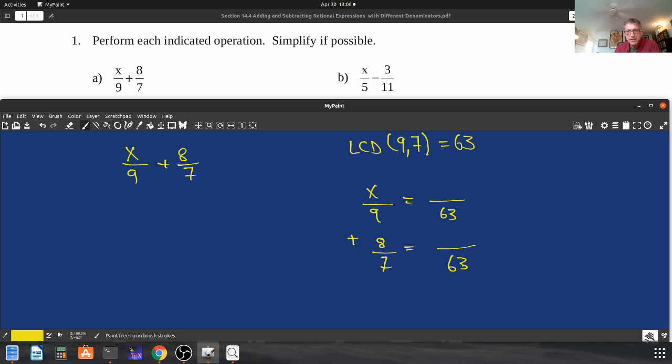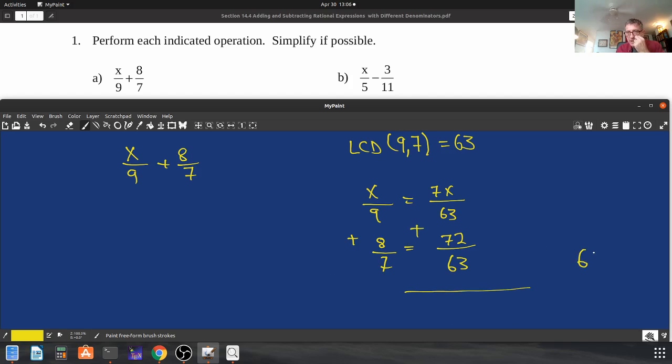But let's do it. 63 divided by 7 is 9. 9 times 8 is 72. 63 divided by 9 is 7, and 7 times x is 7x. So this is the same thing. I can now add them. I have a common denominator.